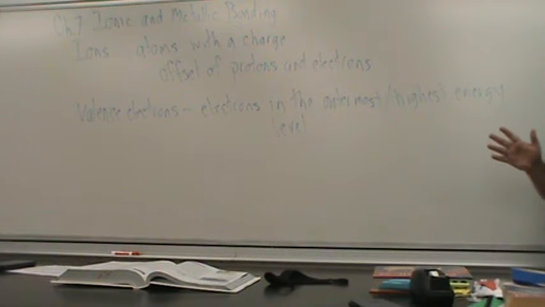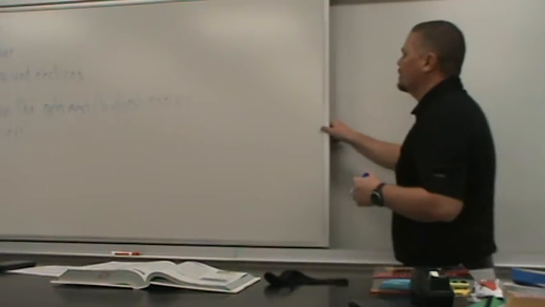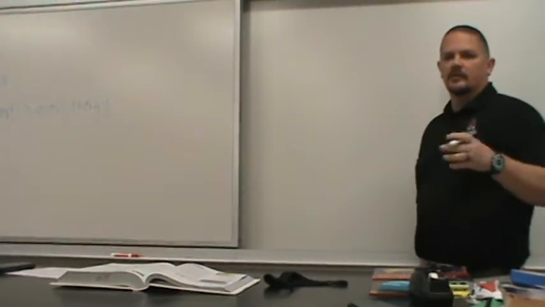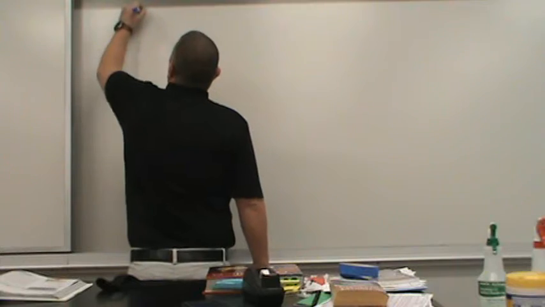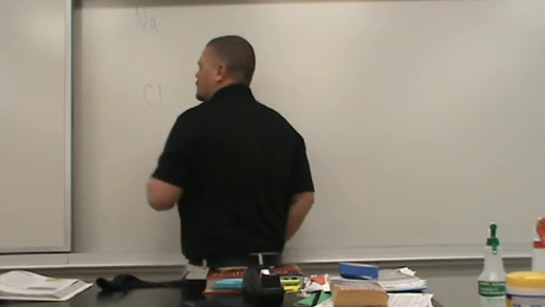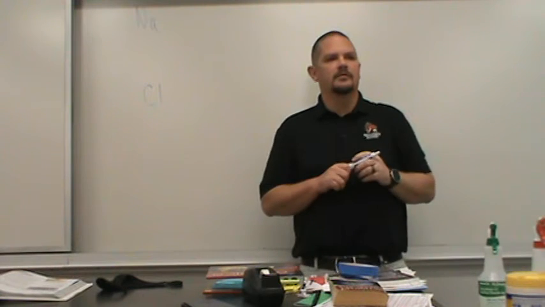Now, there's a couple different ways that we can actually see how many valence electrons an element has. One way of finding out is something that we've already done. We can do the electron configuration. All right, so just to show you, let's pick out two elements. Let's do sodium and chlorine.